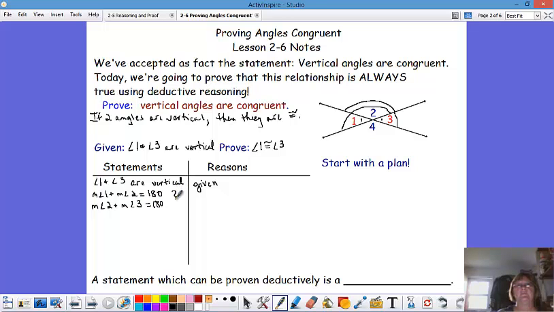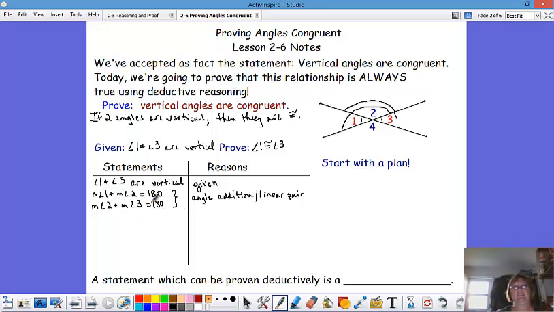I'm using the same reason for both of those statements, so I'm only going to write it once. But you could call that either angle addition or linear pair. I would accept either of those as being correct reasons for that statement.